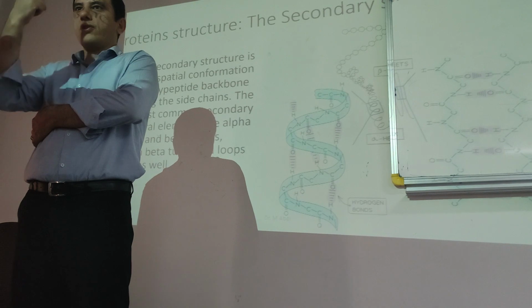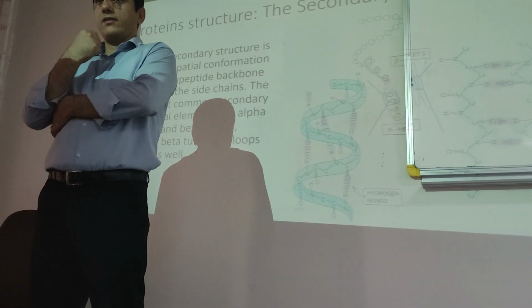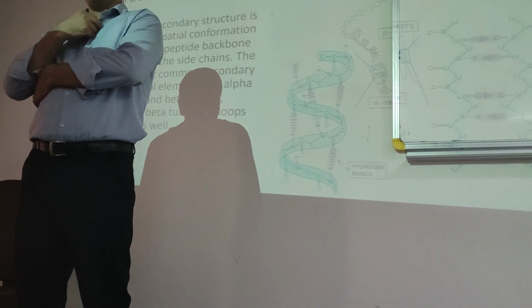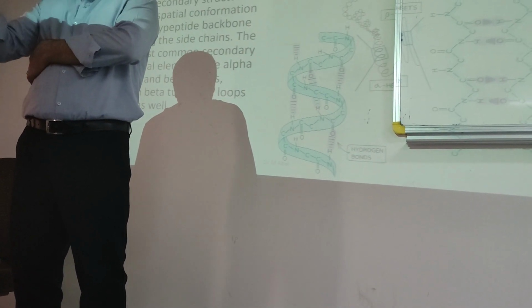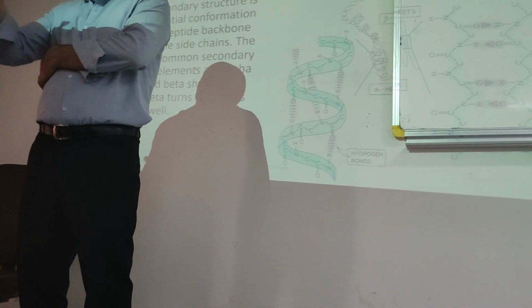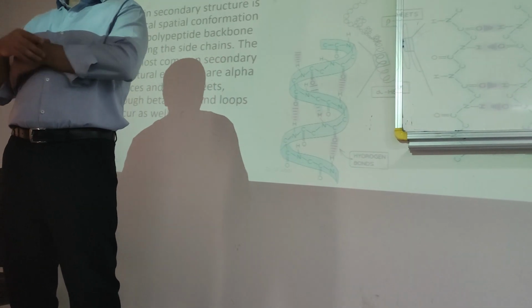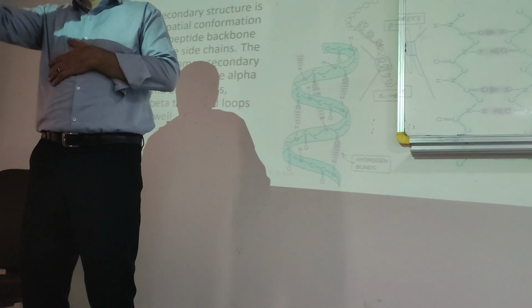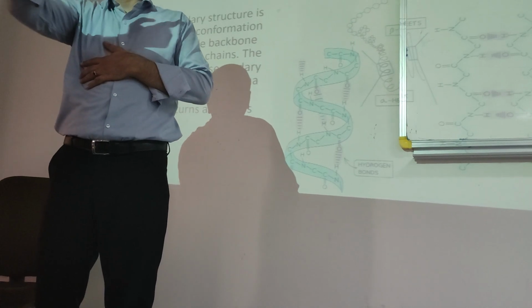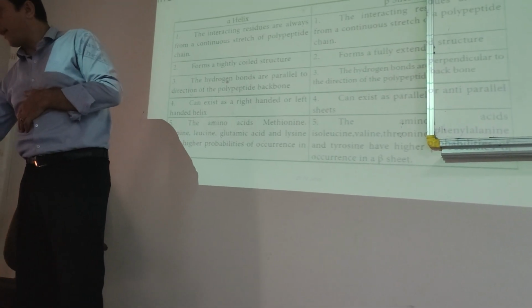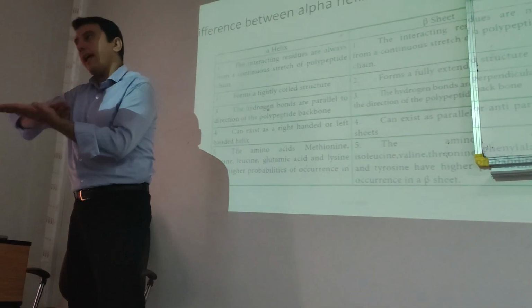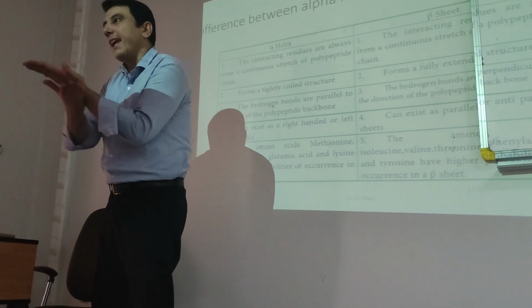Coil. So, alpha helix is like a super coil. However, beta sheets are not twisted. They are like a sheet, like a plate.